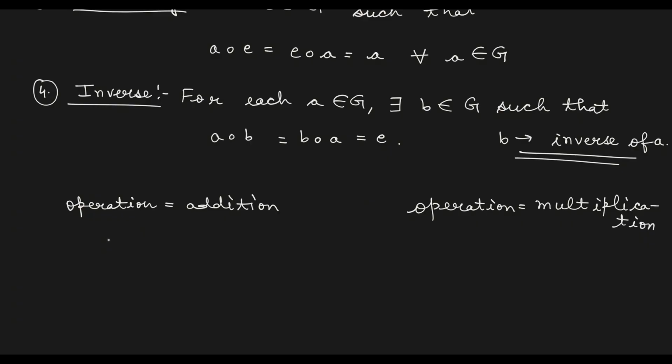If I am having any element A belongs to G, then in case of addition, addition on the natural number, सेट क्या होगा जी के लिए? Integers. तो माइनस से हो जाएगा ना इनवर्स. Yes, a plus minus a is equals to minus a plus a.